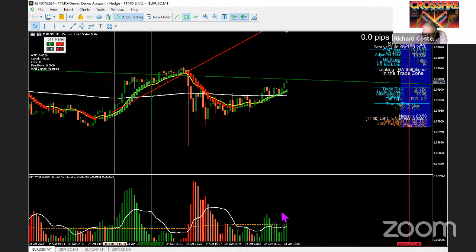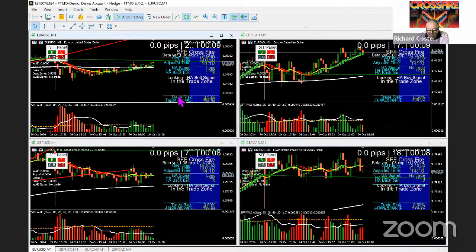What I need to happen is this white line to be above the orange line and pointing away from it, and I need the histogram to be above the white line. And I would check up here for it to say long as opposed to no trade. And I'll look at the other 3 pairs. I'm going to keep an eye on that because that one might make a move.